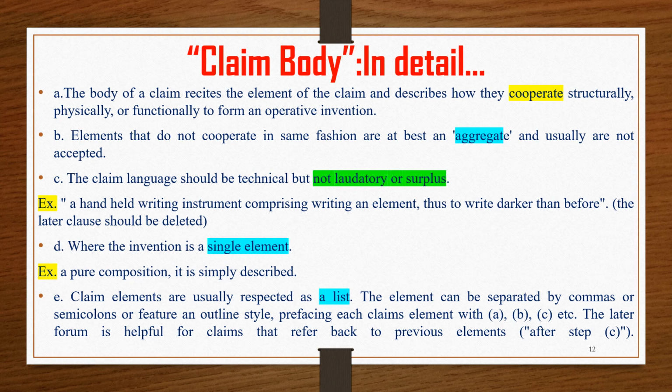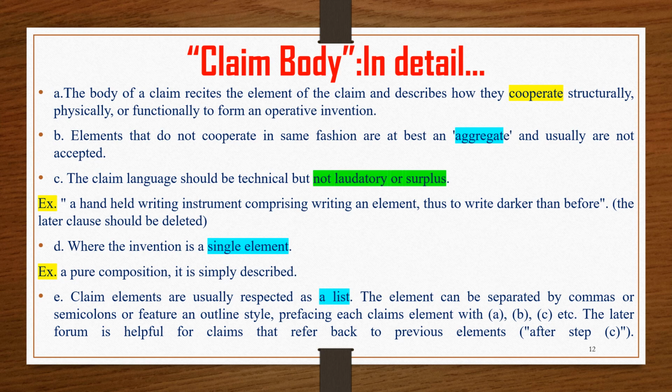The elements can be separated by commas or semicolons, or feature an outline style, prefacing each claim element with A, B or C as we have mentioned here, etc. The latter form is helpful for claims that refer back to previous elements after step C. That means you can observe this slide.